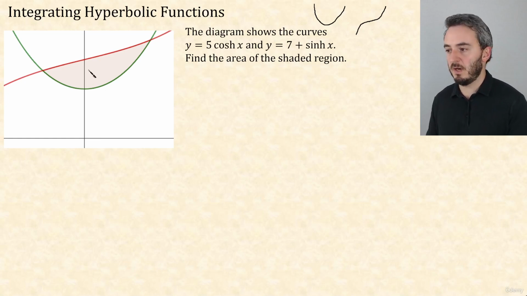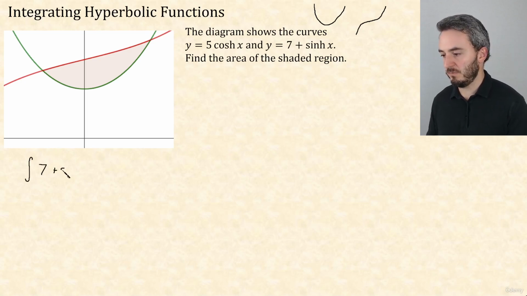That gives us our order. It's going to be the integral of the curve on top, 7 plus sinh x, minus the curve below, which is 5 cosh x, and our remaining job is to find the limits.